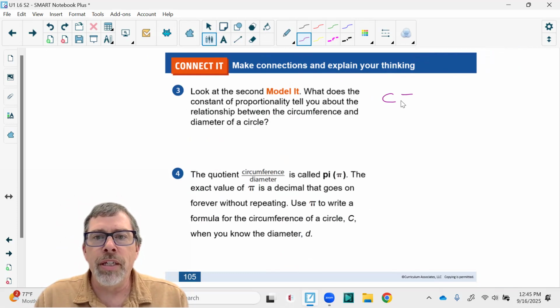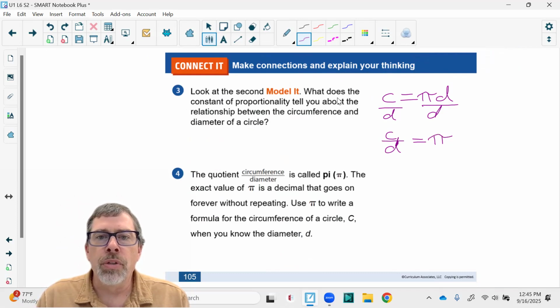Well, if circumference equals pi times D, and we divide both sides by D, then we get the circumference divided by the diameter is equivalent to pi. So the circumference divided by diameter is equal to or approximately 3.14.